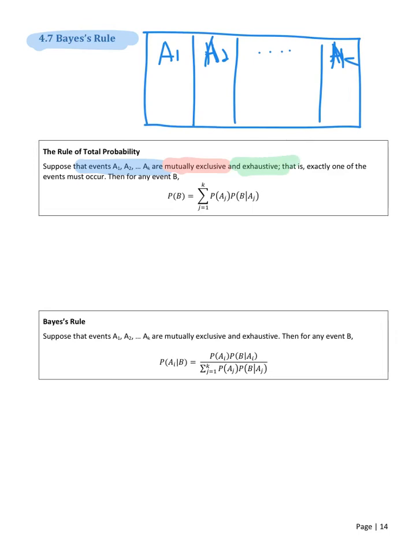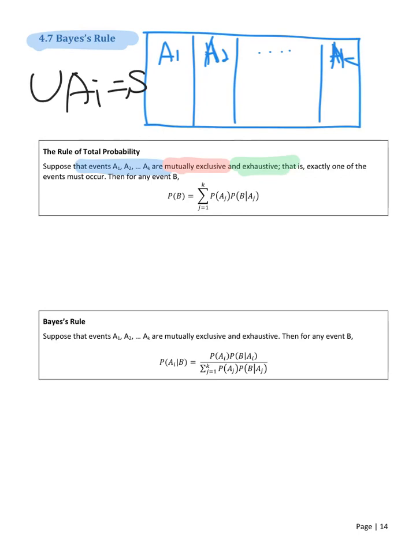What is exhaustive? That means, I'm sorry, I have to use mathematical notation, the union of all A's. It will be the sample space.